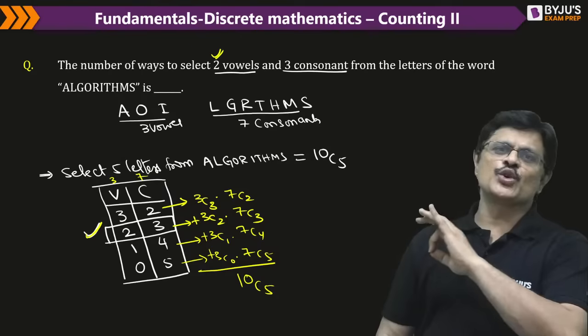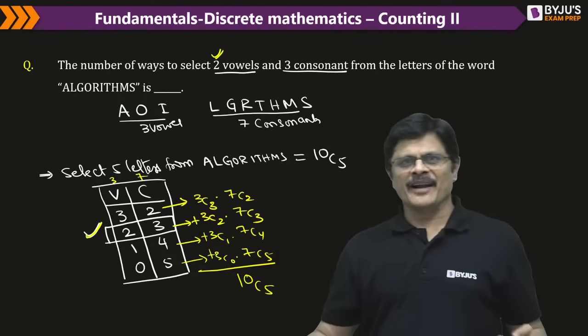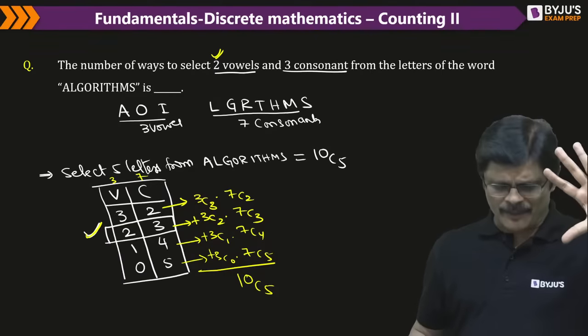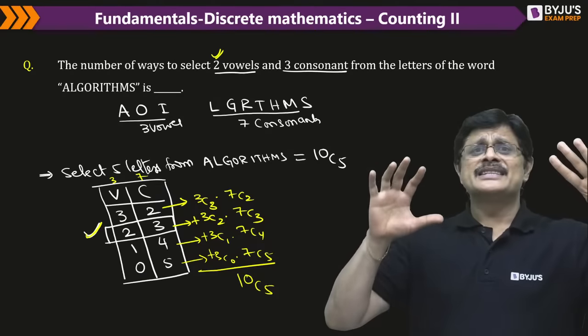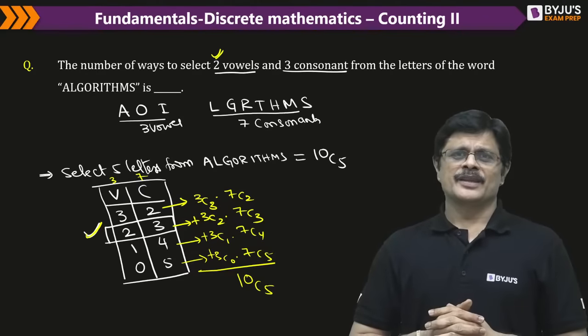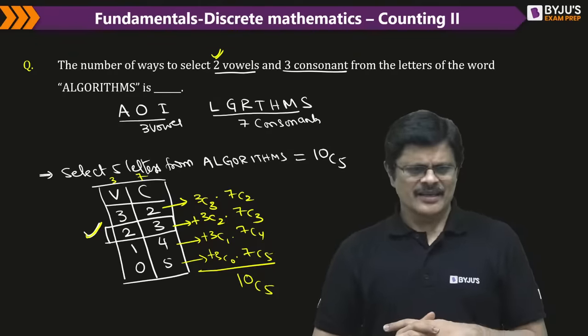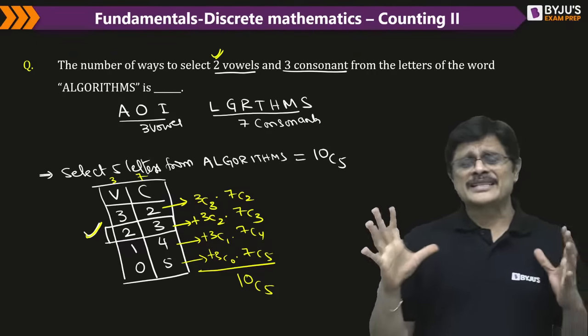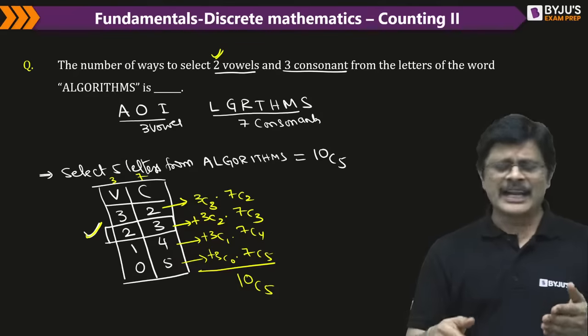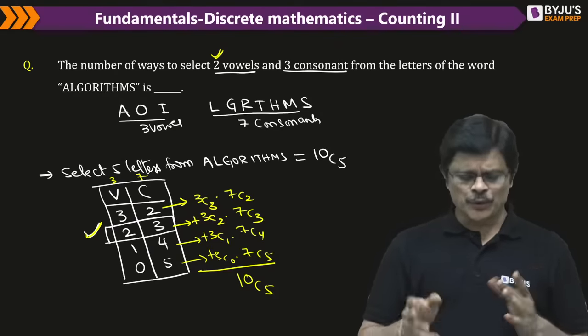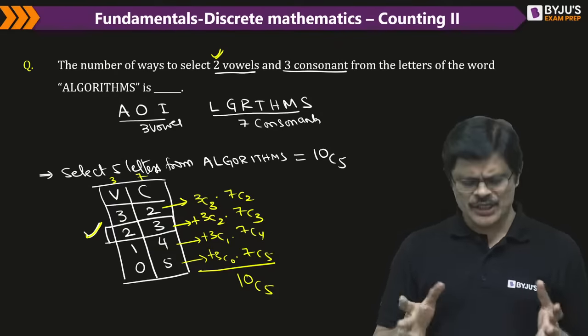There is no other way. If you have 3 vowels and 7 consonants, 5 letters can be selected in any of these ways only: 3-2, 2-3, 1-4, 0-5.